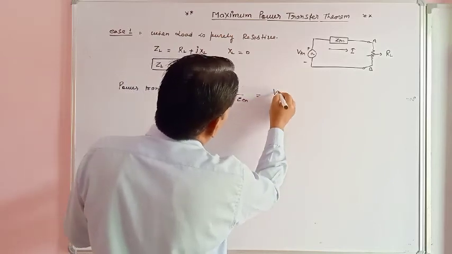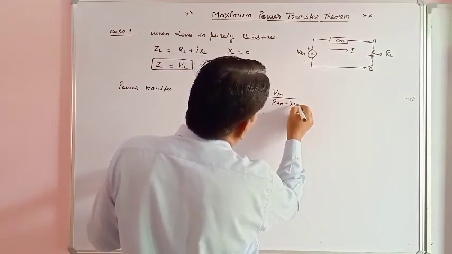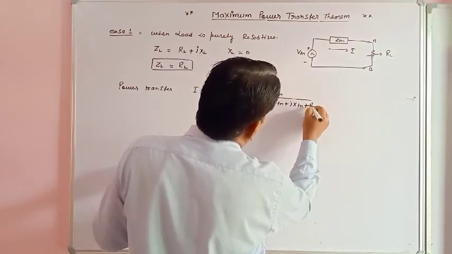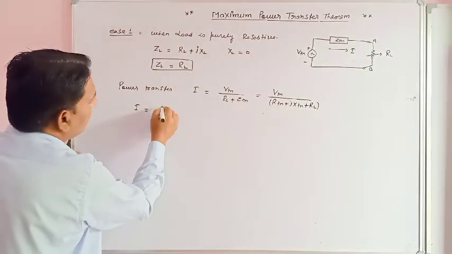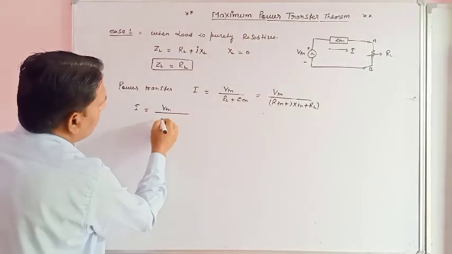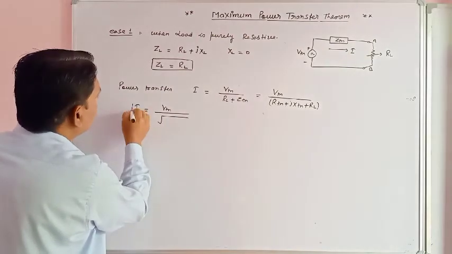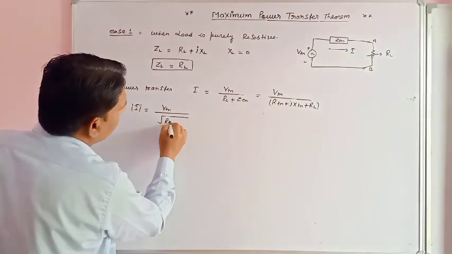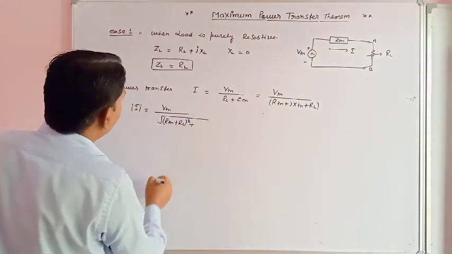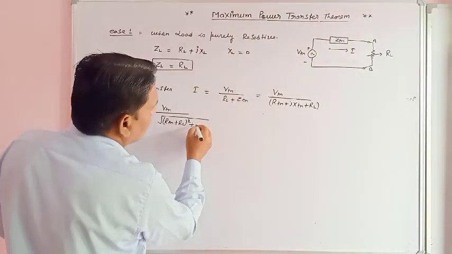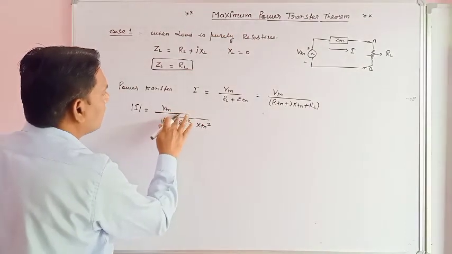So it will be VTH upon RTH plus jXTH plus RL. So I is equal to VTH upon the square root of RTH plus RL whole square plus XTH square. This is the mod of current.